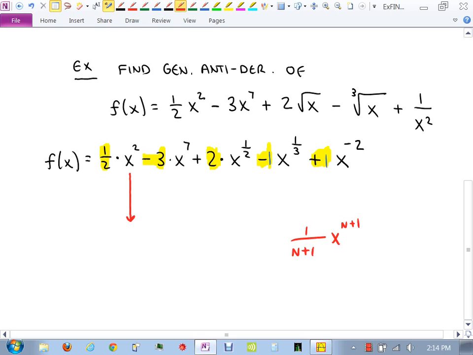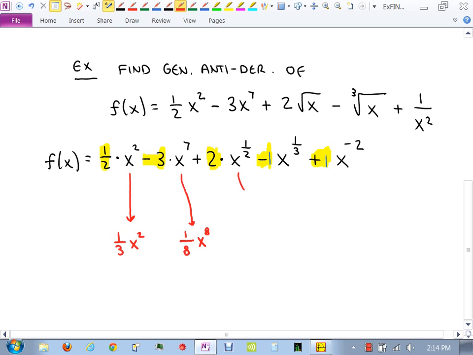So 1/3 x cubed, right? 1/3 x cubed. All right, let's now look at this one right here. What's the antiderivative of x to the 7th? 1/8 x to the 8th.